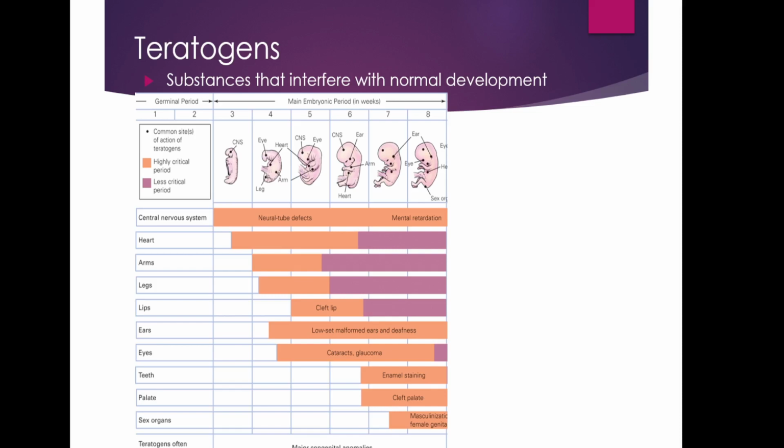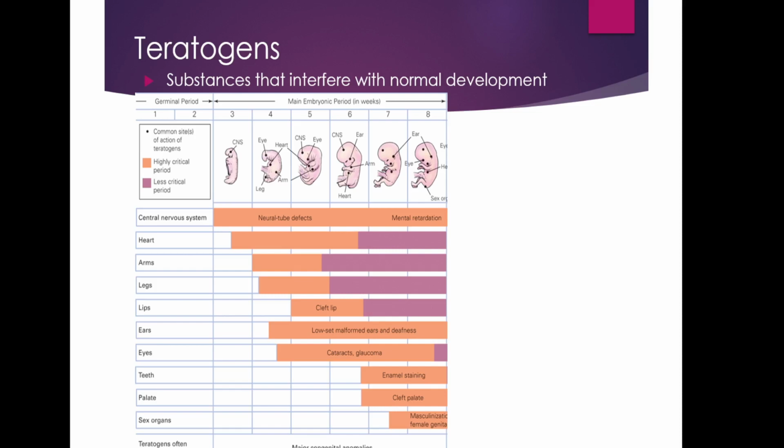And because the blastocyst hasn't implanted yet, it's very unlikely that a teratogen would have an effect, because the blastocyst is not collecting any kind of food or nutrition from mom's bloodstream yet. So at this point, it's just using its own nutritional reserves. So the first 2 weeks are not going to be impacted by teratogens.